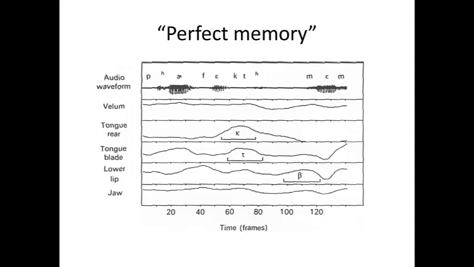Well, the air will rush through the space between the tongue back and the soft palate, but it still won't be able to get out of the mouth because the tongue tip is still creating a closure at the alveolar ridge. So no air will actually escape from the mouth until the tongue tip releases its constriction at the alveolar ridge. The result of this is that the listener won't hear a release of k. They'll only hear a release of t.